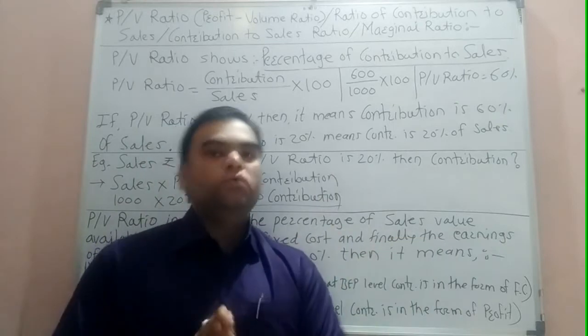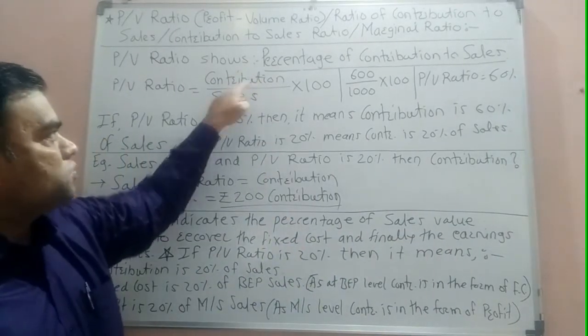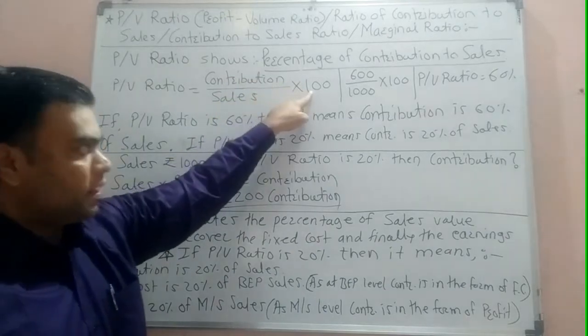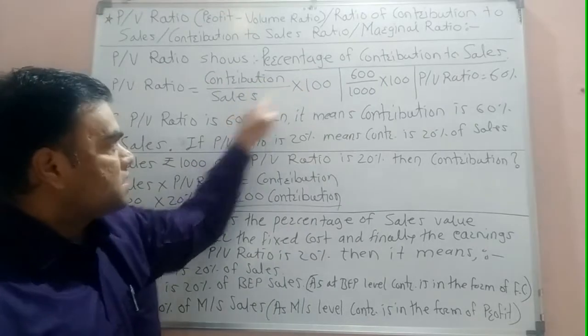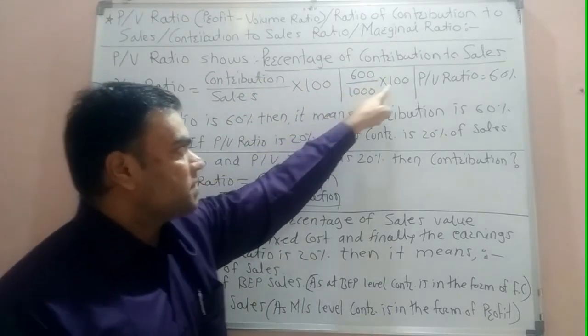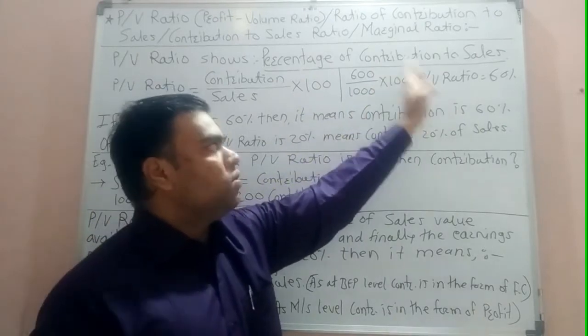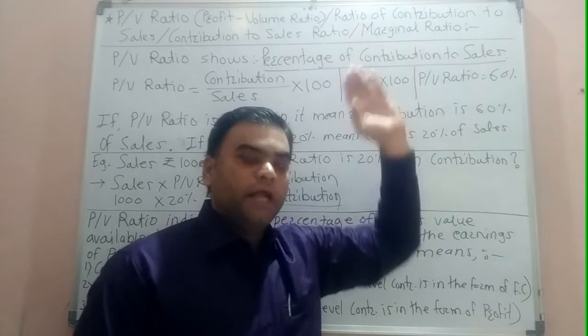And how do we calculate PV ratio? The formula is contribution upon sales into 100. Suppose the contribution amount is rupees 600 and sales amount is rupees 1000. So 600 upon 1000 into 100, so PV ratio or contribution to sales ratio is 60%.